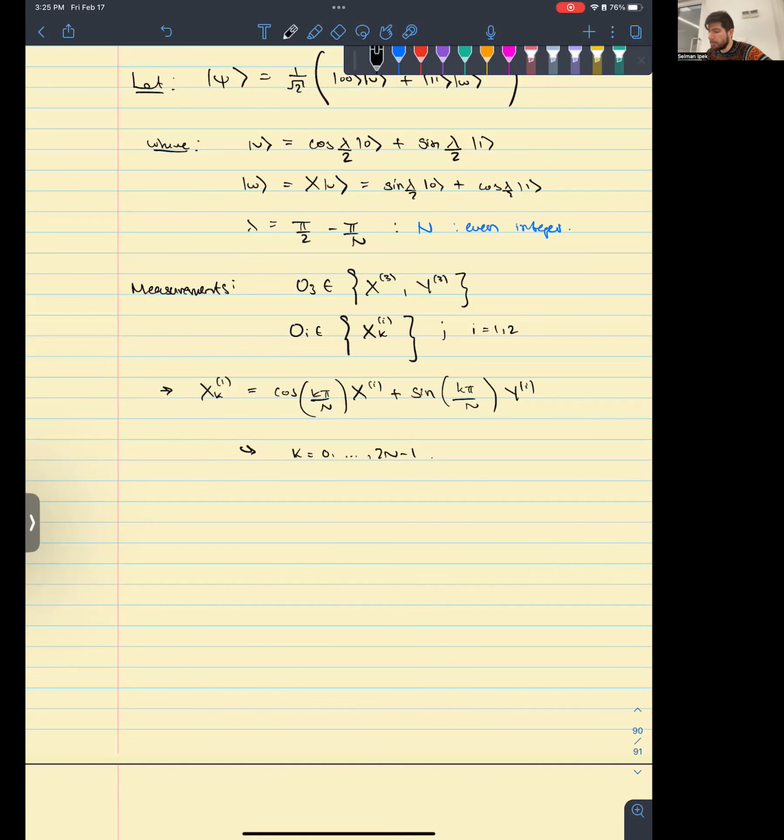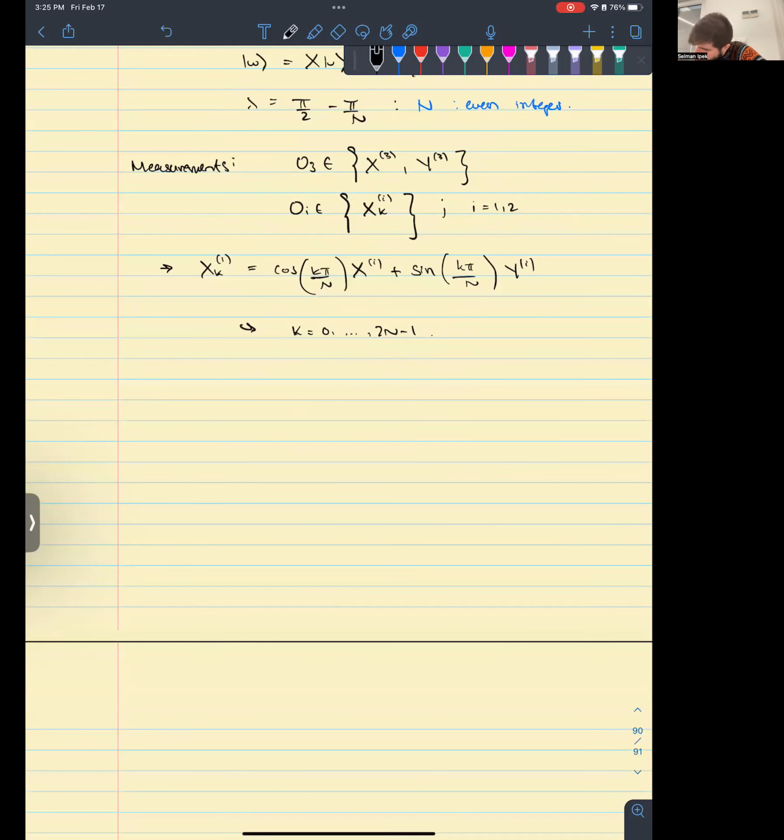You are thinking of the Bloch sphere, where up here is Z, here I have X, and then here I have Y. The equatorial plane is the plane spanned by X and Y. So these X_k operators, depending on k and n, will be in this plane that I've drawn here, but always perpendicular to Z.